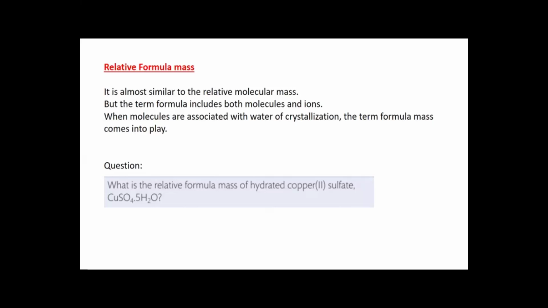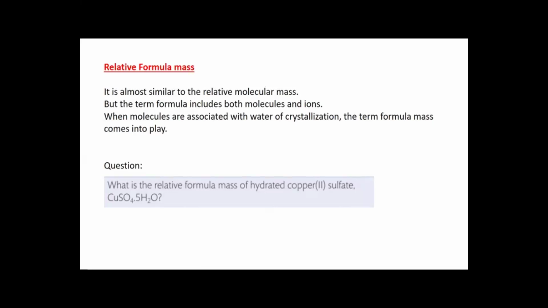That means you have to add the relative atomic mass of copper, sulfur, 4 oxygens, then 5 times 2, 10 hydrogens, and again 5 oxygens, right? So likewise, relative formula mass means whatever is in the formula, you have to calculate the mass. Is it clear? Understood? Right.